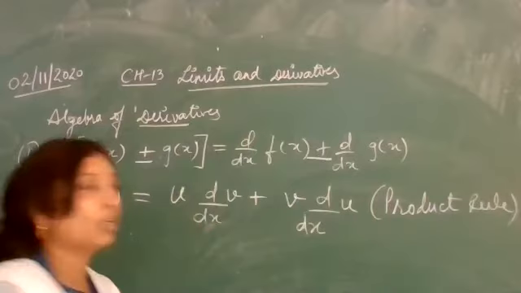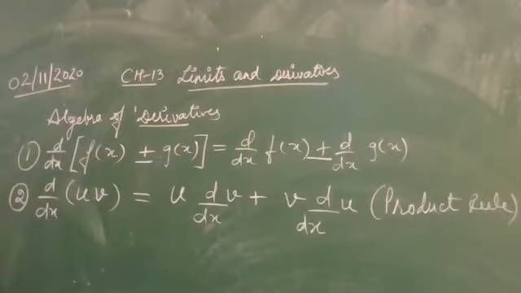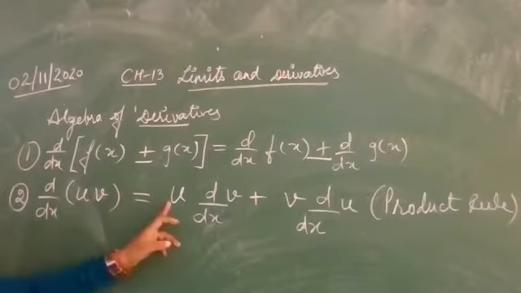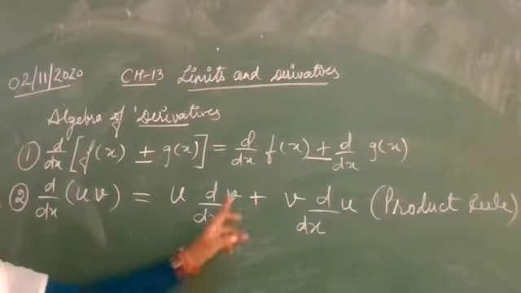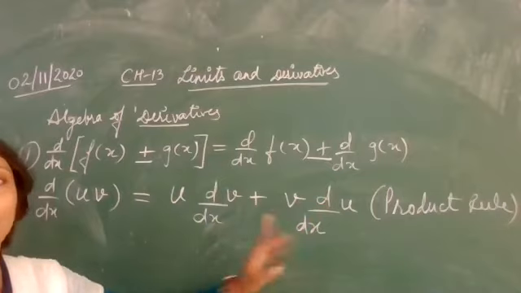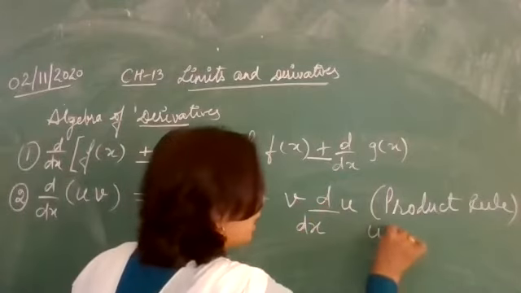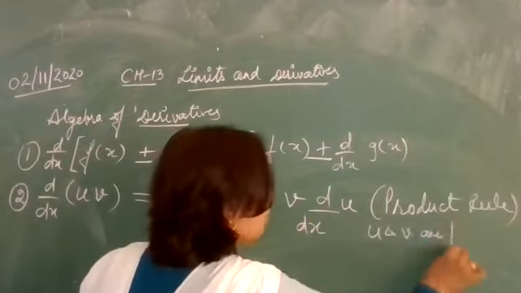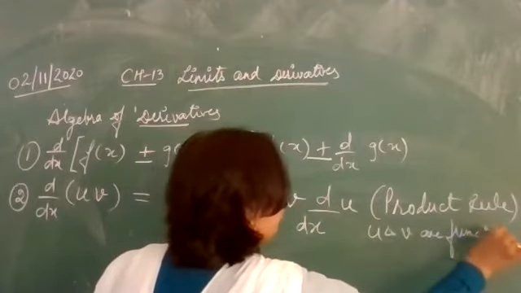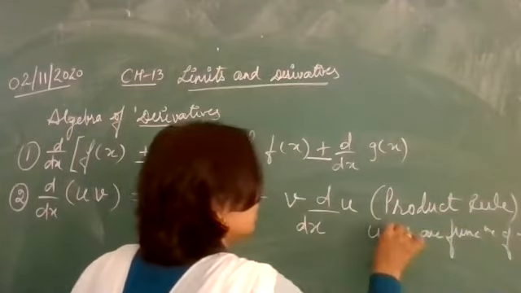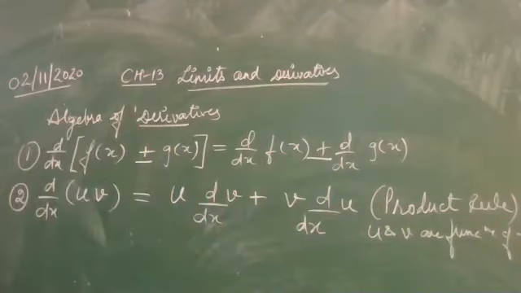Every time you'll come across products of functions, and if we want to take the derivative, it will be first function, derivative of second, plus second function, derivative of first. And u and v are functions of x. And this is product rule.